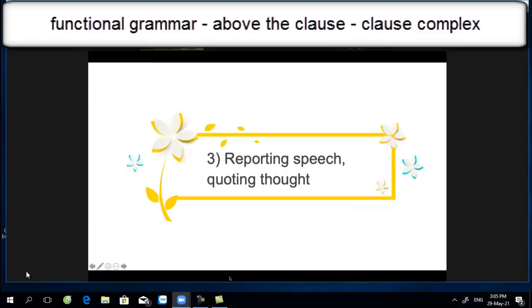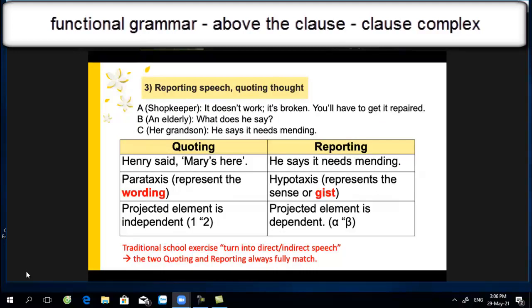Now let's come to number 3. So how can we distinguish between quoting and reporting? Now let's look at a conversation. A shopkeeper will say that it doesn't work, it's broken. You have to get it repaired. And the elderly woman said, what does he say? And her grandson replied, he says it needs mending.